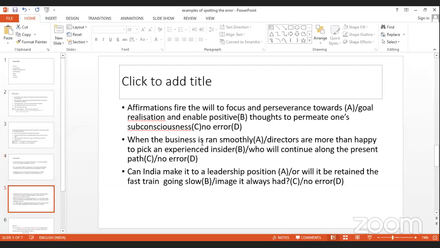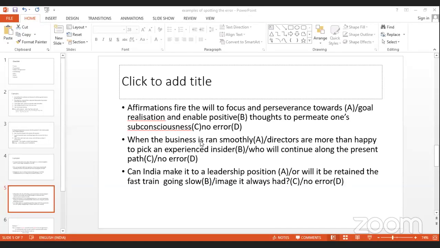So whenever there is "is", the ing form will take place.